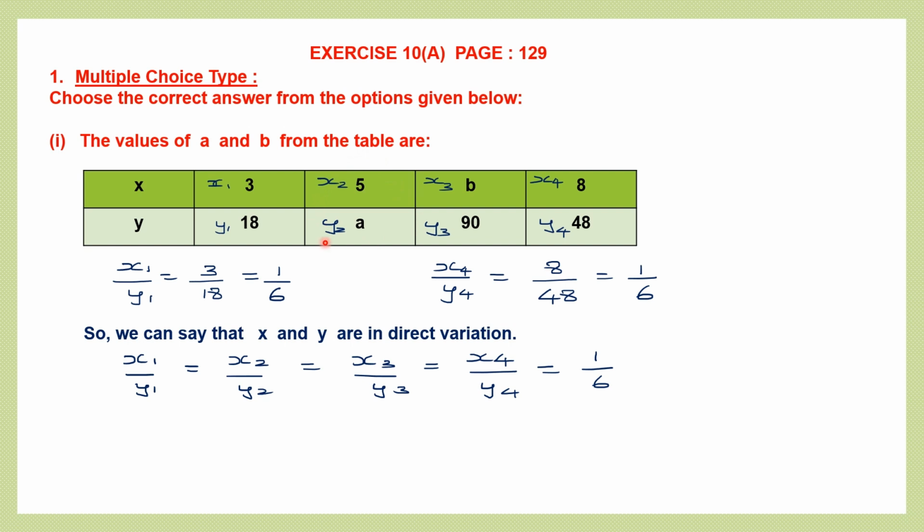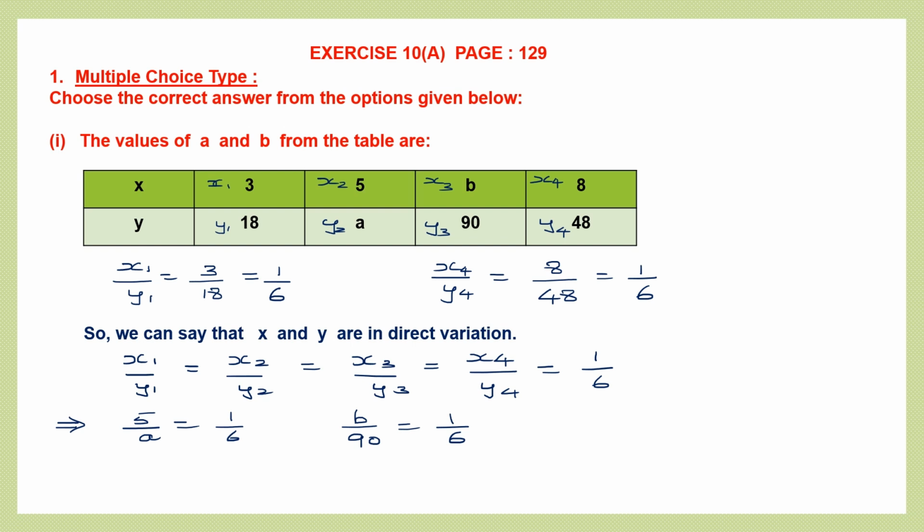So that means this unknown quantity here, 5 by A, is also equal to 1 by 6. So let's write that. So what does this mean? It means that 5 by A is equal to 1 by 6, and B by 90 is also equal to 1 by 6. Now we can find the values of A and B.